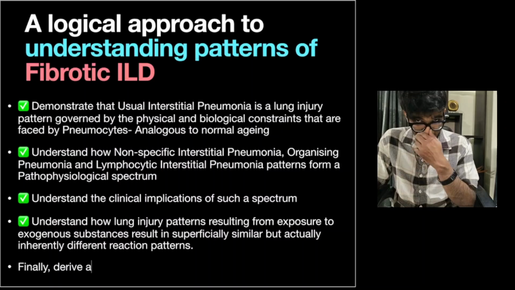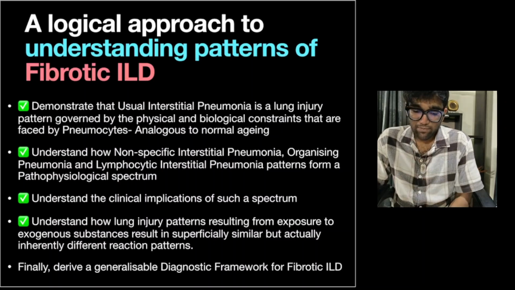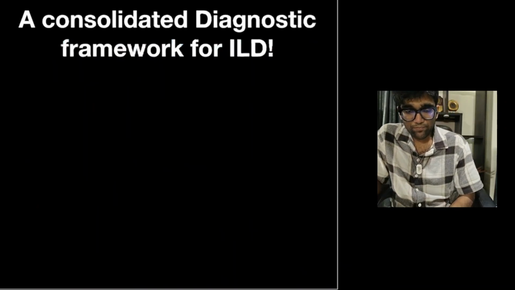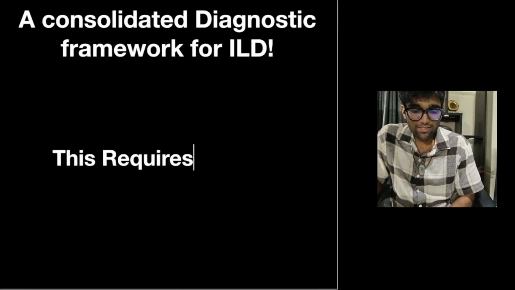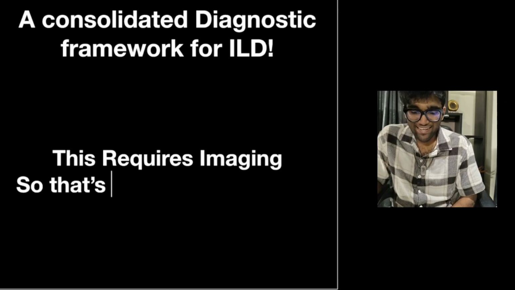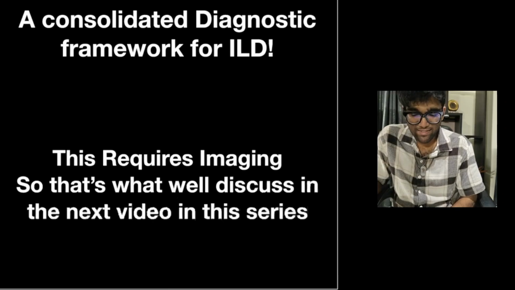Now, finally, I said I would derive a generalizable diagnostic framework for fibrotic ILD, a consolidated diagnostic framework. This requires an analysis of the imaging of interstitial lung disease, and I will be discussing that in the next video in this series. So we'll derive the diagnostic framework at that point.